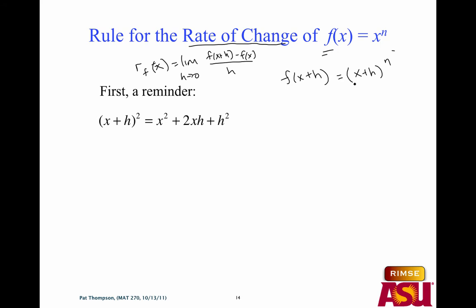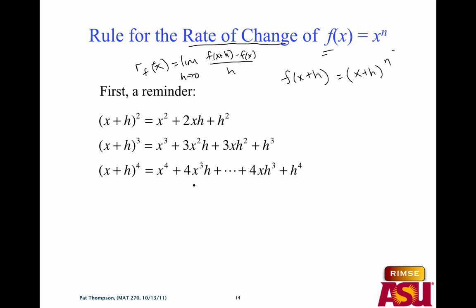So let's see if we can figure out how to expand this right-hand side, x plus h to the n, in general. x plus h squared looks like this. x plus h cubed looks like this. To the 4th, to the nth.